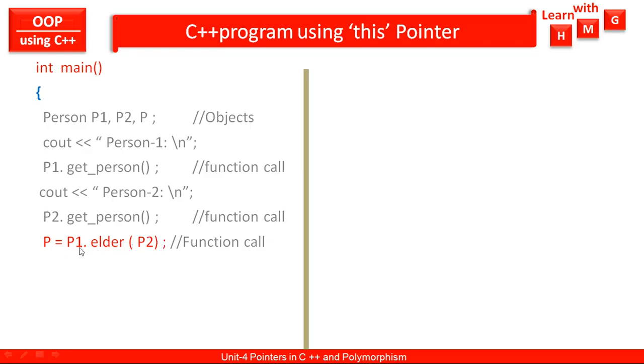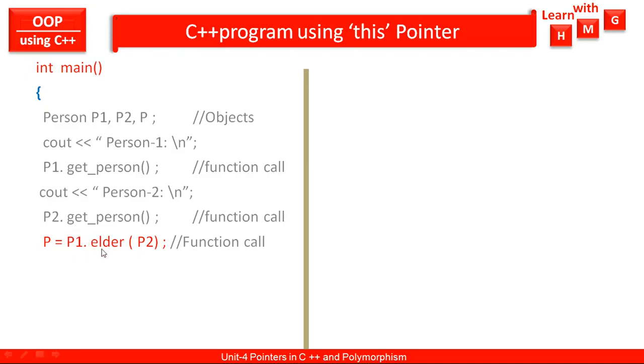So the elder function will be called with two objects, one calling object p1 and another argument object p2. The argument object p2 is passed explicitly, as an explicit argument, while the calling object p1 is passed as an implicit argument to the elder function, and the this pointer is pointing to the calling object p1.